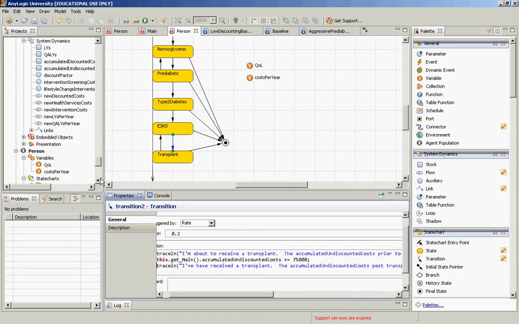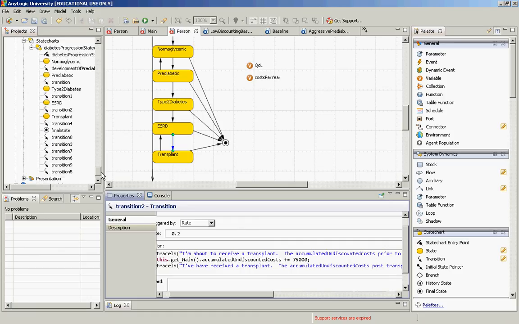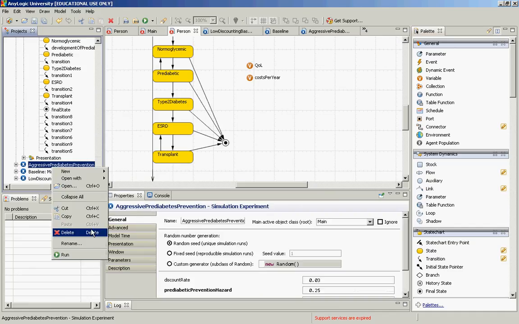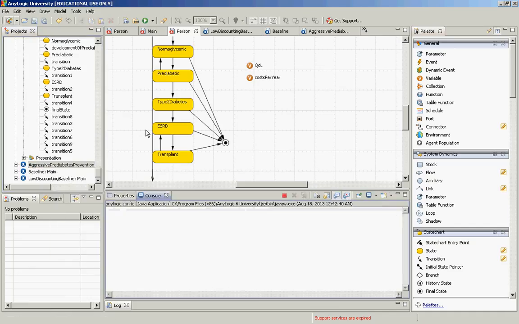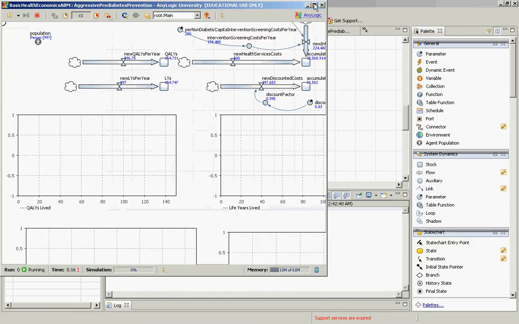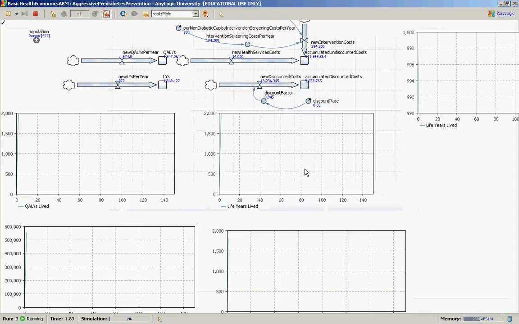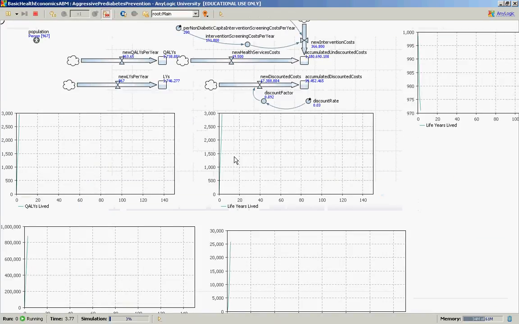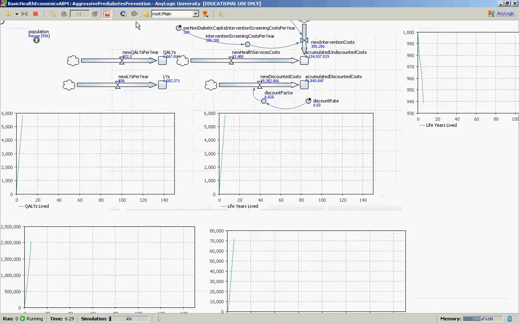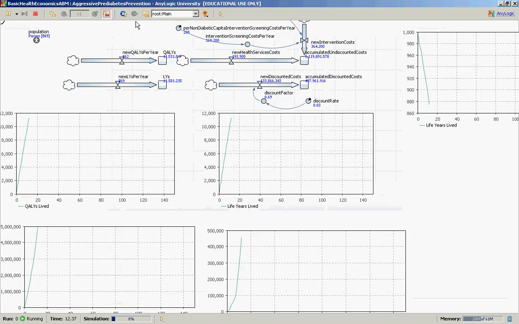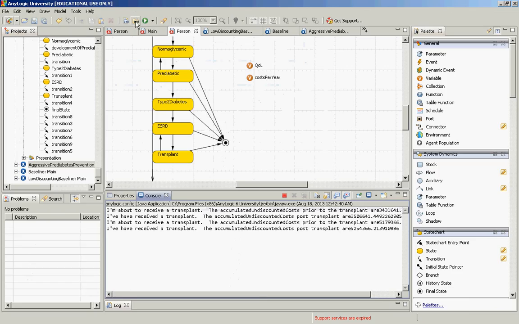So, given the individual undergoing the transplant has now imposed this cost on the medical care system associated with the transplant of $75,000. So we'll run this here. Time is running on, and you'll notice here that we do go up from here.